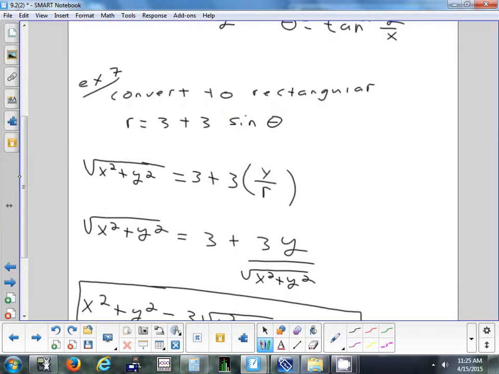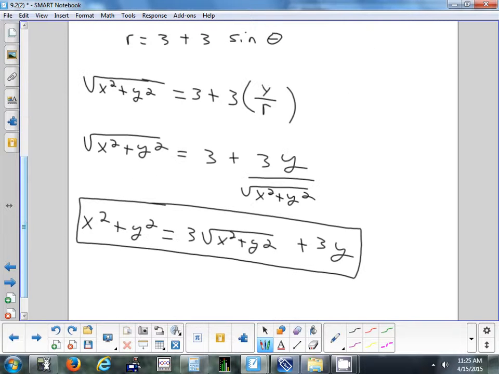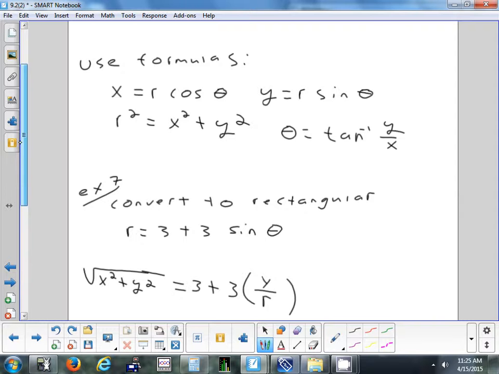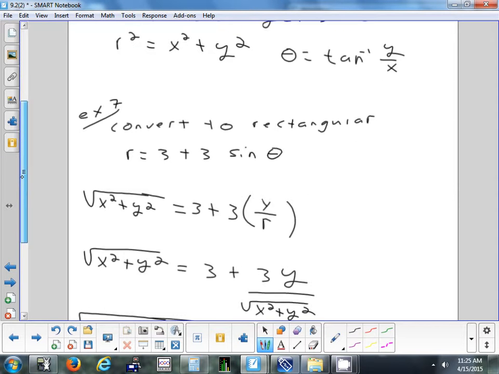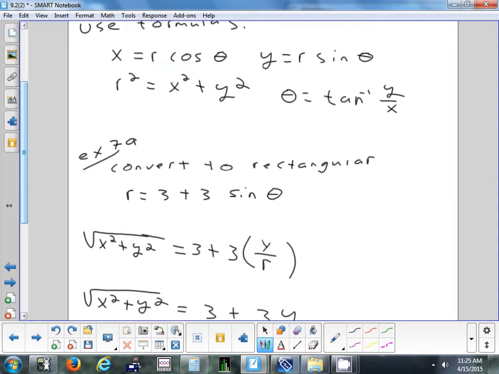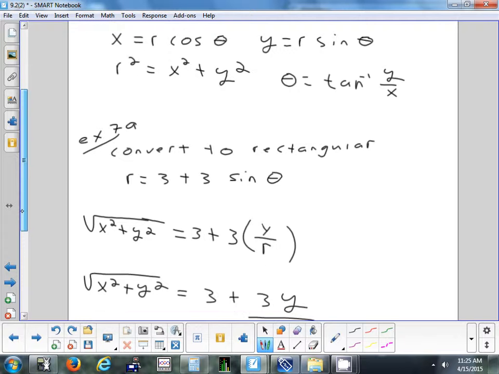So, any question on converting that equation to rectangular? Okay, so we just use those formulas you see right up above. Okay, let's try converting. Let's go the other way. Let's convert to polar.